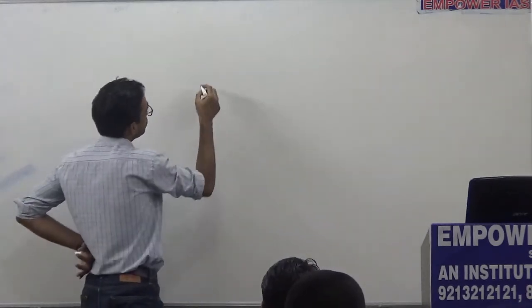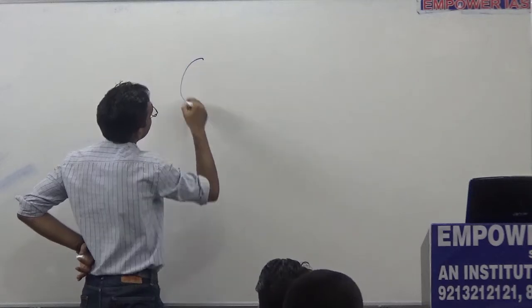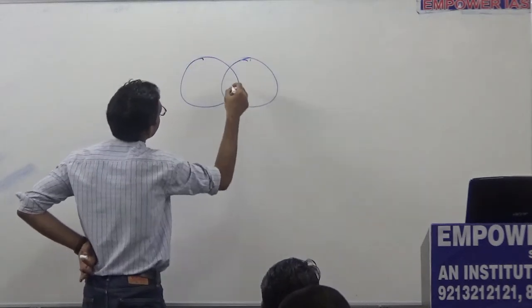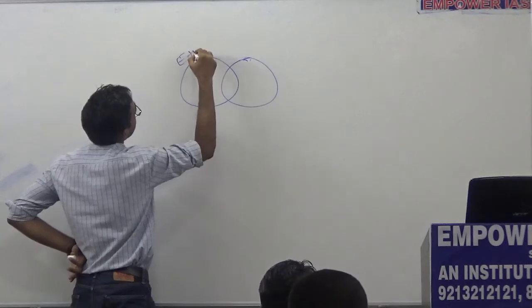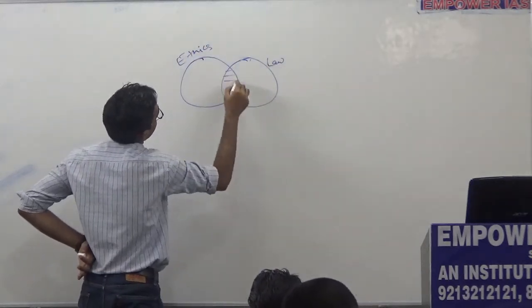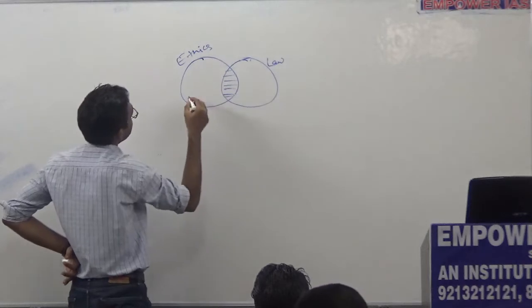So the relationship between ethics and law can be described visually in the form of this Venn diagram. This is ethics, this is law. This is the point of intersection.